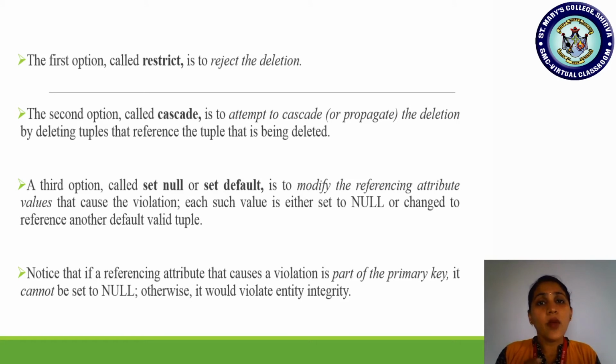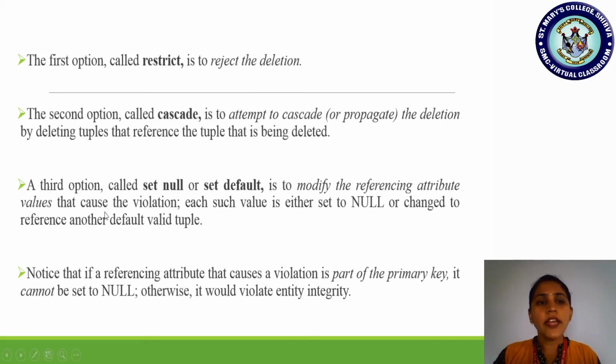I can avoid that issue by adding which one? Restrict. Okay, so if I use the option restrict, it tries to stop any user from deleting the record. So if this option is added to which relation, the department relation, then the deletion operation cannot be performed.